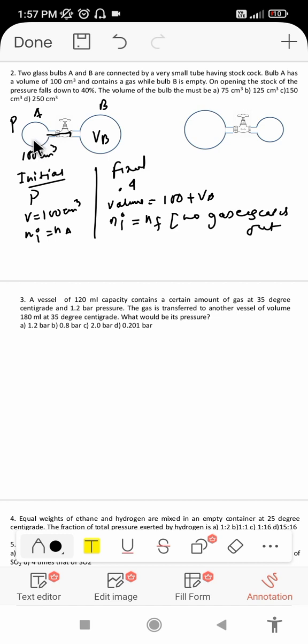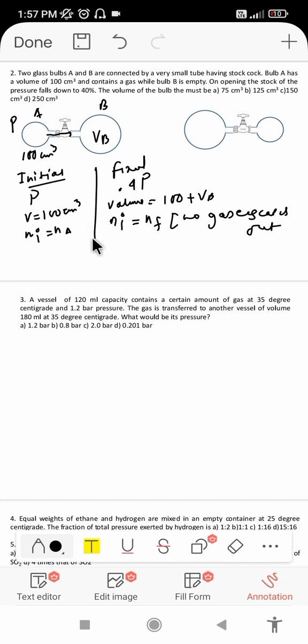Whatever gas was in A goes into the whole space. So now we see that Ni is equal to N final. So we will solve the equation in this manner.